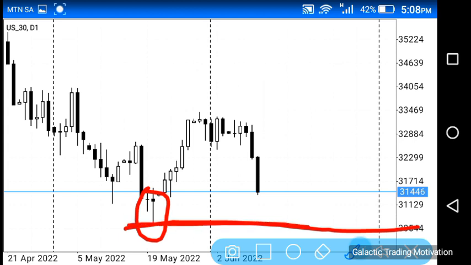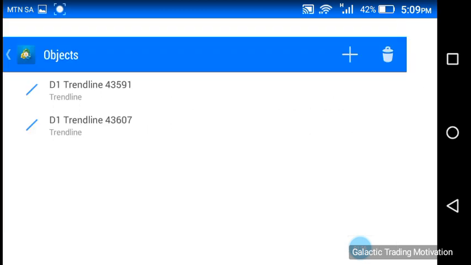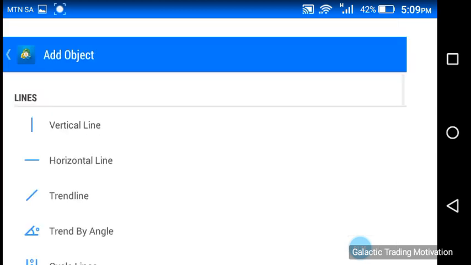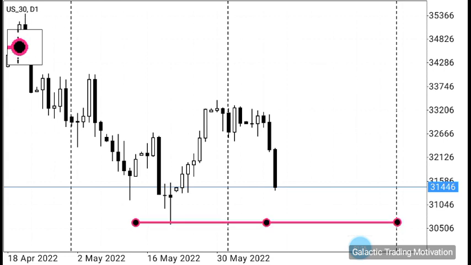So what that tells us is that, as I said in my previous post, we have a whole lot of liquidity sitting here, and that the market has to come back to that level to grab that liquidity before actually possibly heading up. So let's continue. In fact, I'm just going to add a line to that area so that we don't forget about it, because it's a very important area. Just bear with me.